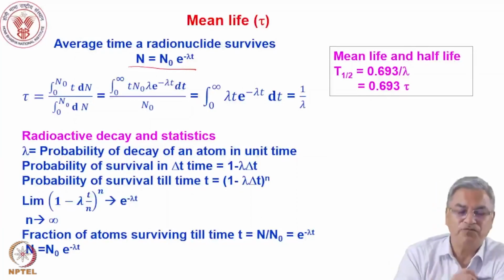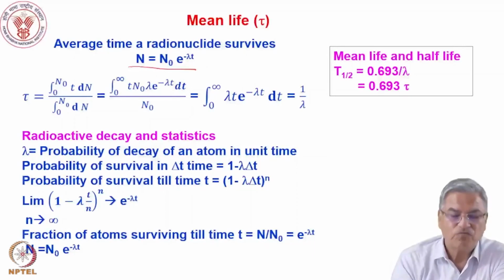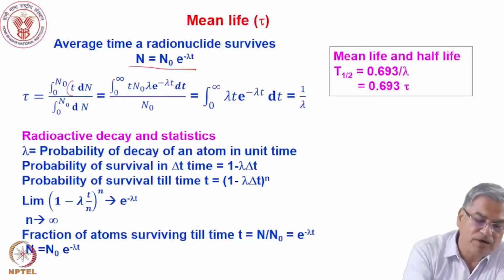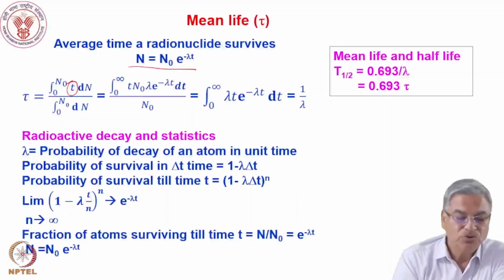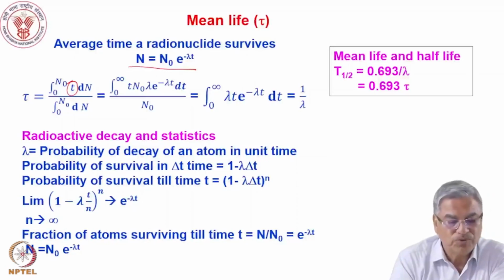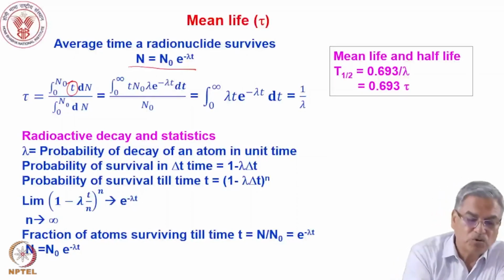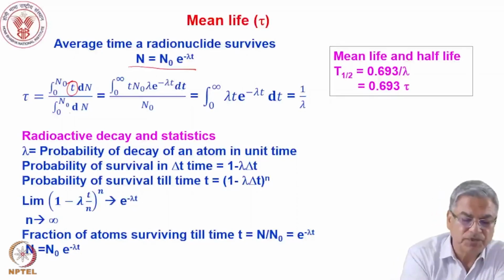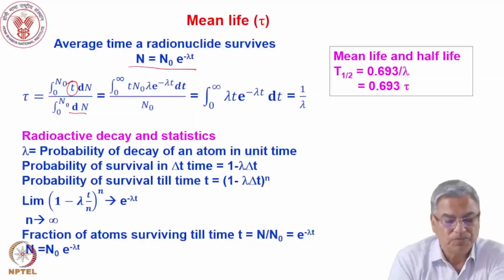If you have a function and you want to find the average, how do you find it? You want to find the mean value of t. So you take the integral of t dN over 0 to N0, divided by the total number of atoms, that is the integral of dN over 0 to N0.